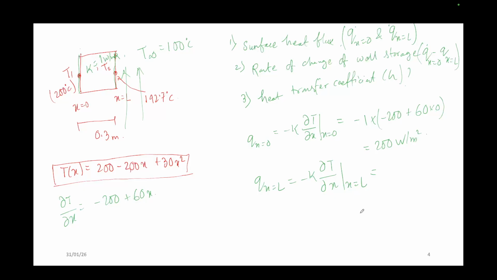What do you get? 182, yes. That means whatever heat is entering into the system and whatever is remaining is not the same. That means something is storing. If something is storing, which concept comes? The concept of alpha comes, that means thermal diffusivity.